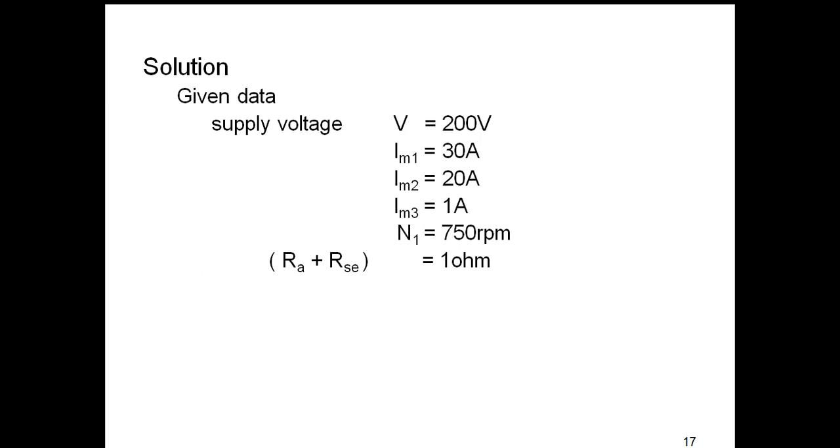And the total resistance, means the resistance of armature and series field winding RSC, is equal to 1 ohm, and the brush voltage drop is given as 3 volts.